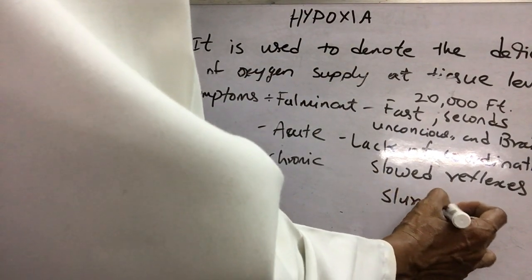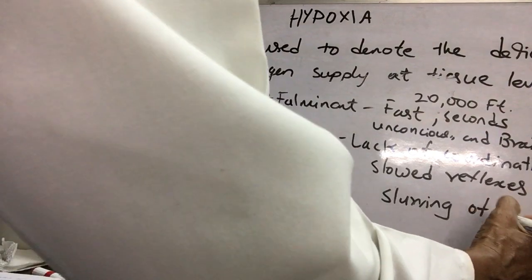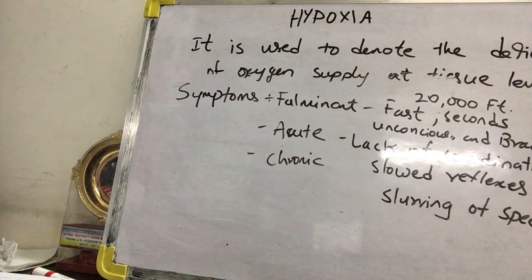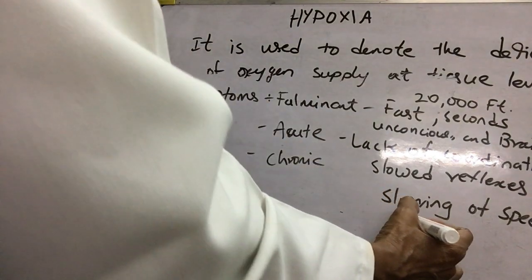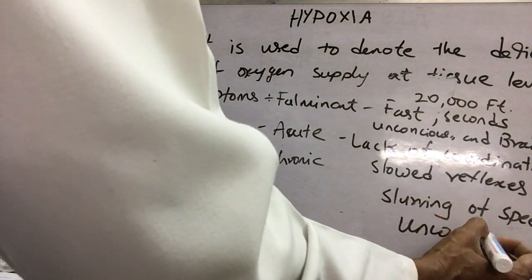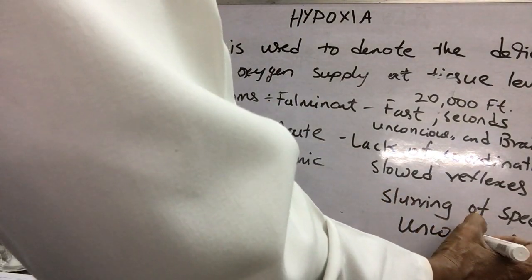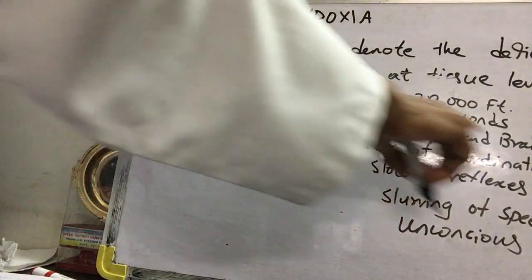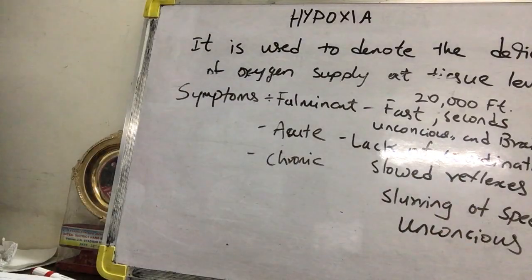Here you can see the symptoms are not life-threatening, which can be given some time to treat. And then the patient may fall unconscious. First these symptoms are seen, then if not treated during this period, the patient may fall unconscious.